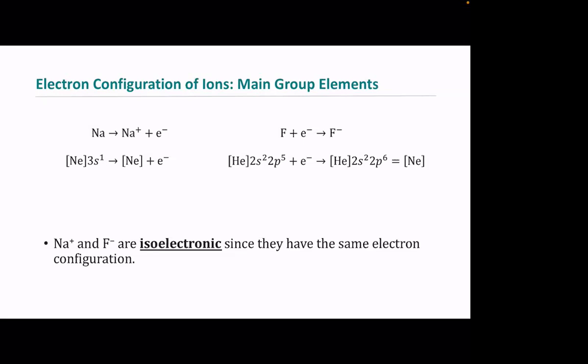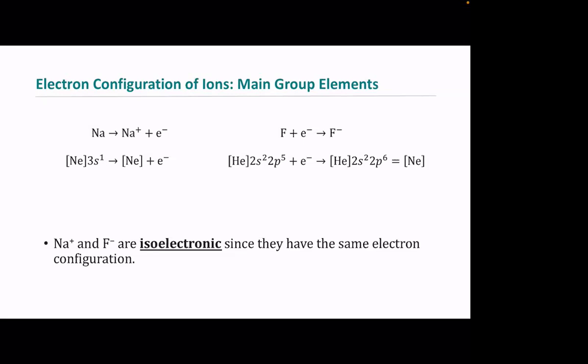So it loses that one electron and now has the same configuration as neon. It still has 11 protons, so it's still sodium. Fluorine picks up one electron and gets this stable octet, the configuration of neon.